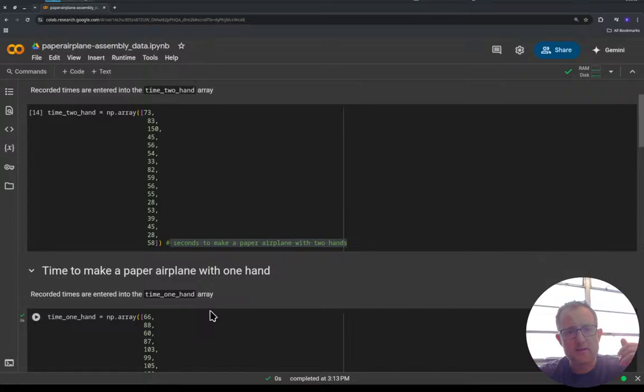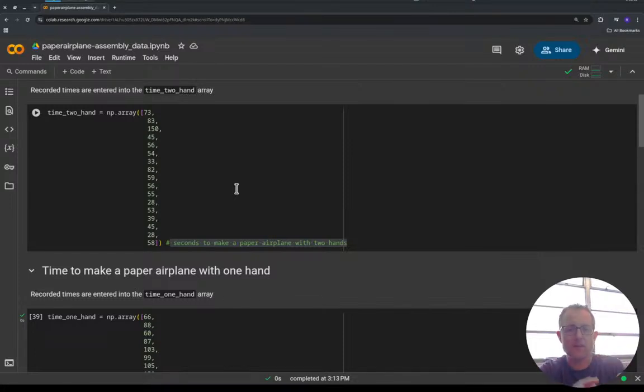The next thing I'm going to do is process this data to turn it into a cumulative density plot. The way I'm thinking about this is kind of a serial processing. Maybe we have one person folding paper airplanes and customers arriving at different intervals.